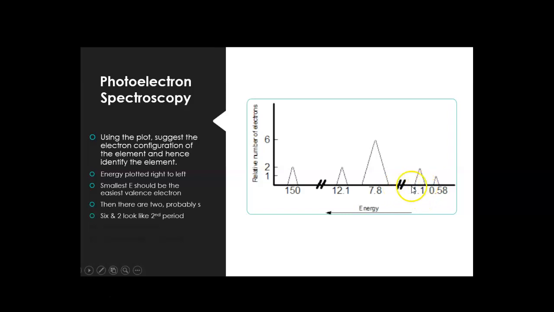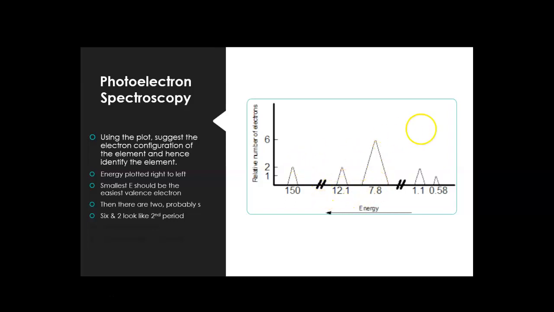And this here looks like the third energy level. Since you've got 6 electrons coming off here at this much higher energy, that must be 6 of the core electrons, and what you have there are p electrons, if there's 6 of them.